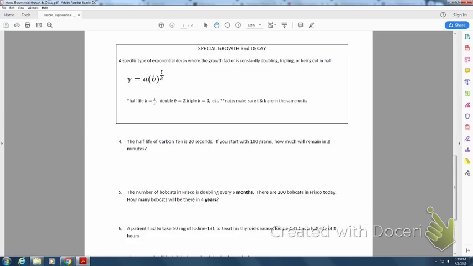But for half-life, you will need to write this. Half-life will always be y equals a times 1/2 to the power of t over k.